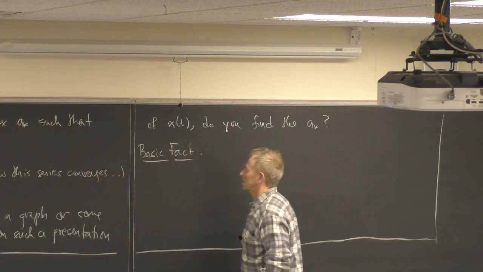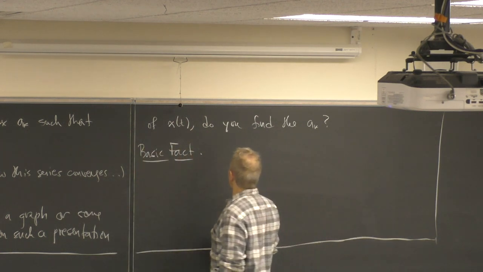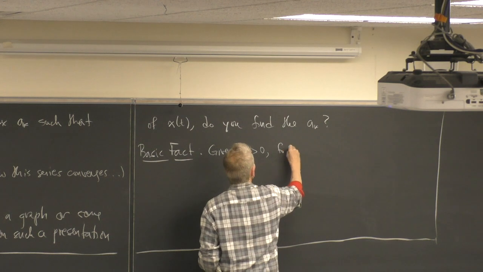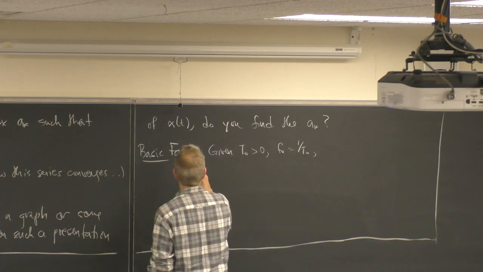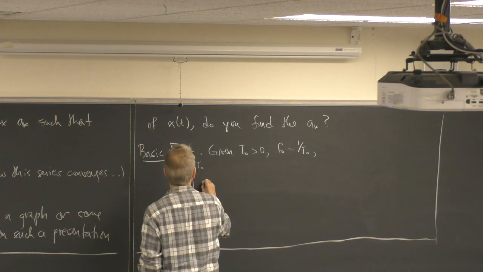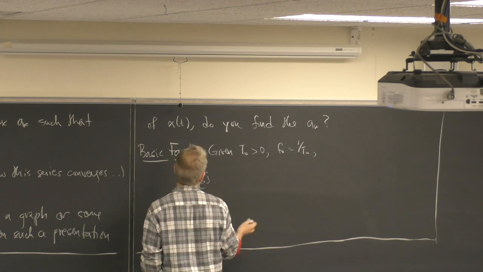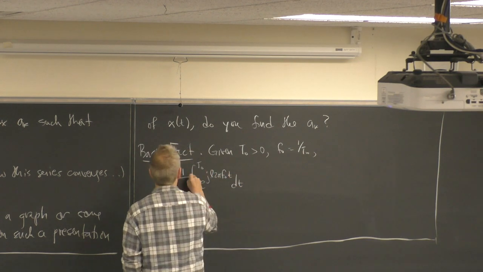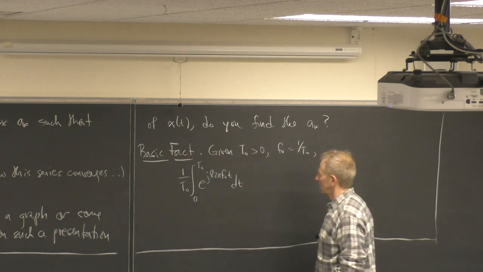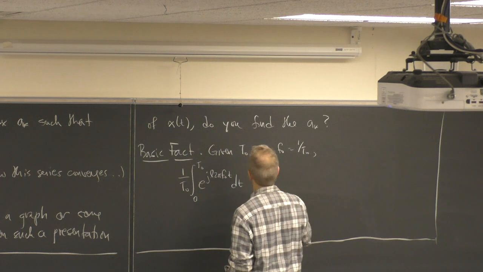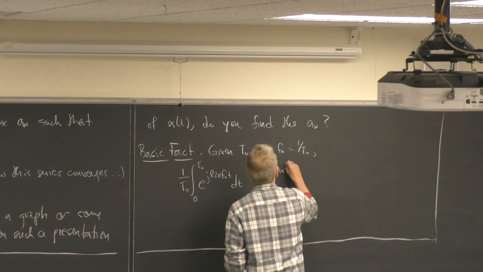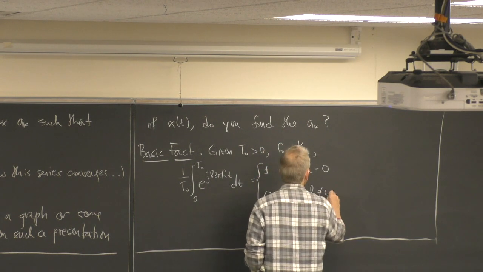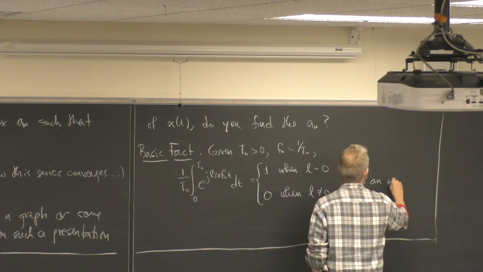Given t0 bigger than 0, and f0 equals 1 over t0, if I take the integral from 0 to t0 of e to the j L 2 pi f0 t dt, and divide that by t0, I get 1 when L equals 0, and 0 when L is not equal to 0. And here L is an integer, positive or negative.